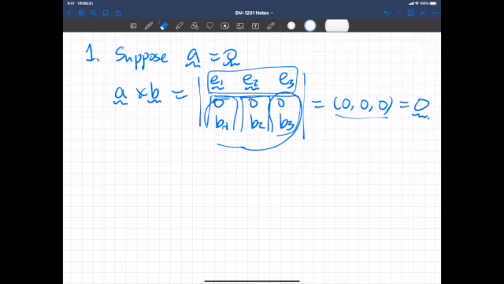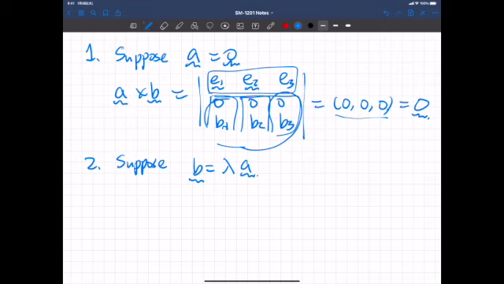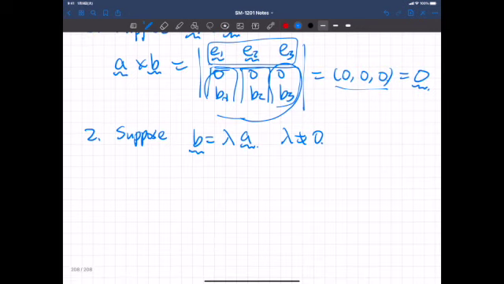And second, suppose B is a scalar multiple of A, where lambda is not 0. Then again let's use this matrix form.